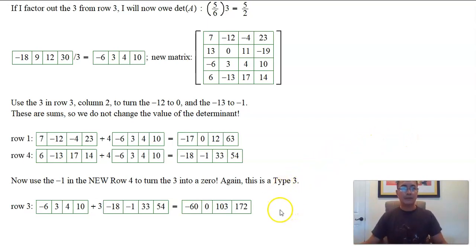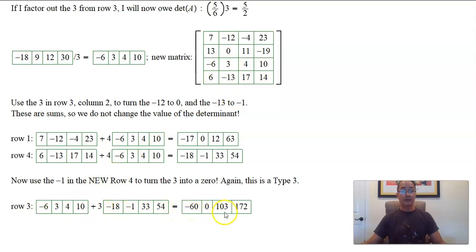Alright, so before we scroll down to the next screen, I said to myself, we should label where these came from. Okay, so this came from row 1, this came from row 4, and we produced a new row 4, and it was this new row 4 that we used to clear the 3 from row 3 column 2.